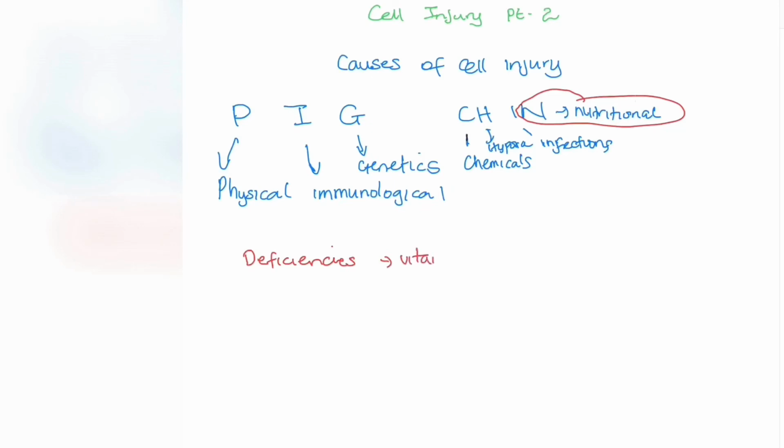There is some deficiency in proteins, vitamins, or minerals, especially essential nutrients. However, an excess of nutrients can also cause cellular damage and cell injury, and this is especially true for an excess of lipids.